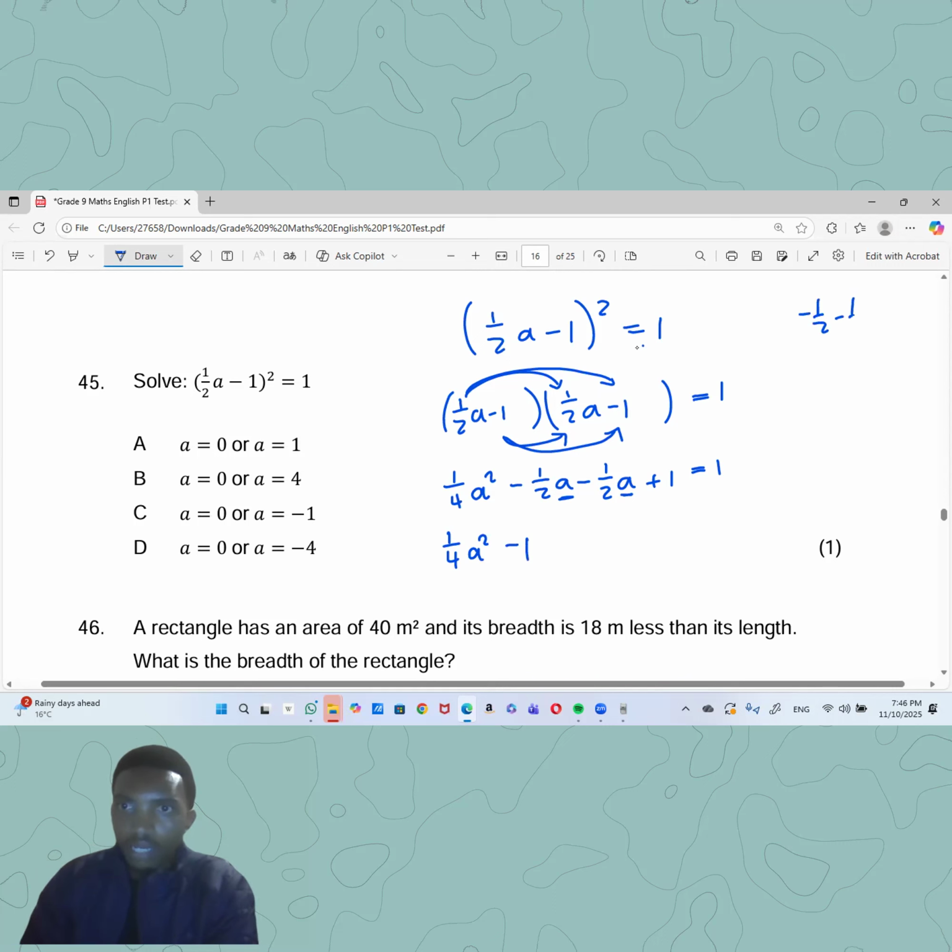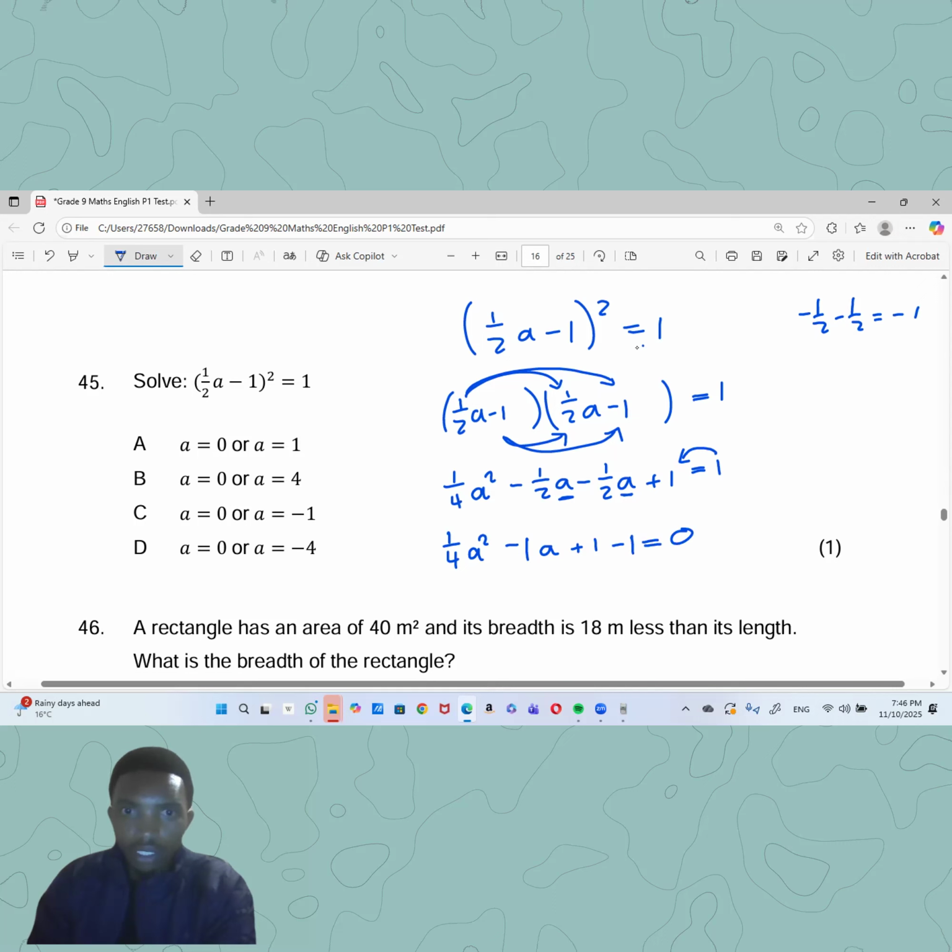Half plus half is how much? −1 a. Quickly check that we all have the a signs. Yes, and then you have +1, and then here we have this one here. How much are we going to have at this point? 1. Then that one, we take it over to that side, is going to be −1 is equal to 0.